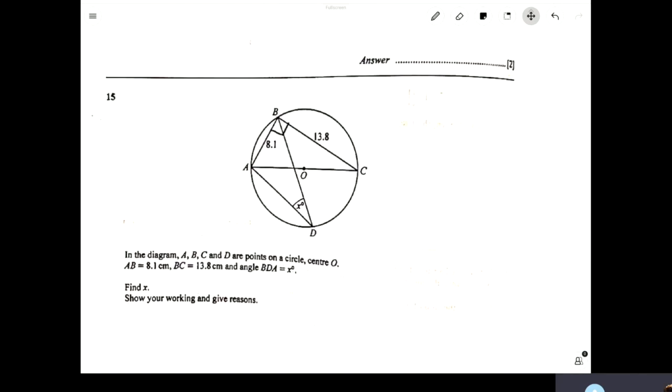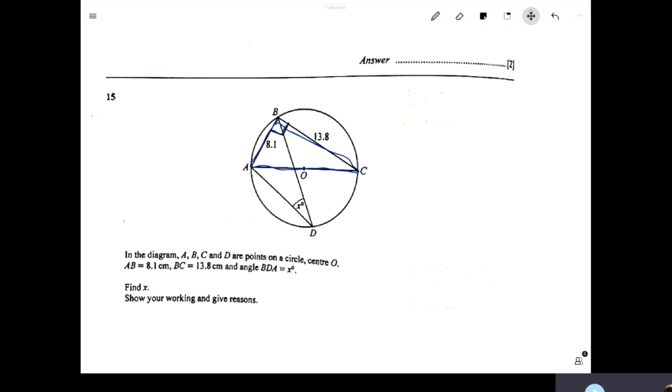How to find AC? Use the Pythagoras theorem. It's a 90 degree triangle, so just use Pythagoras.